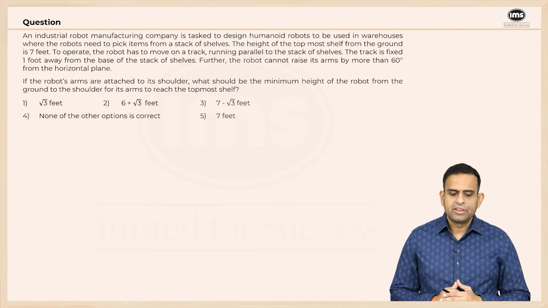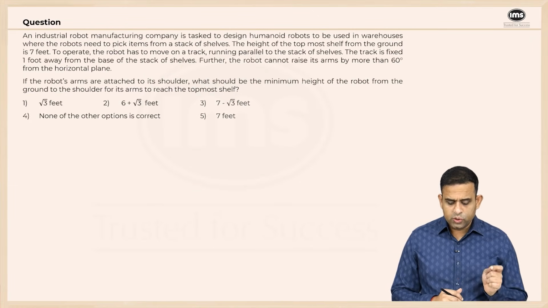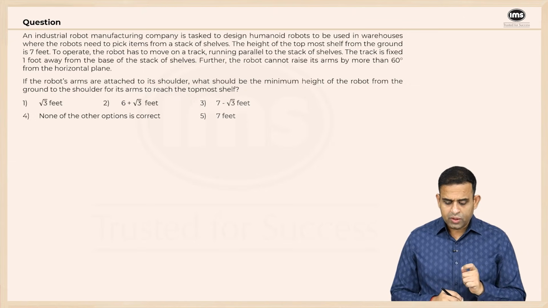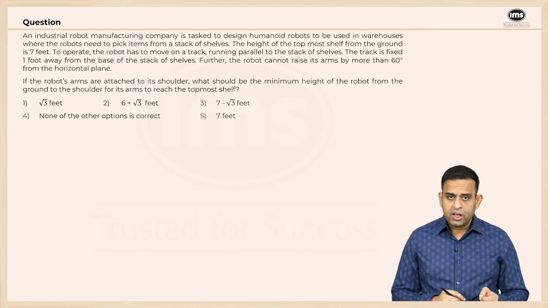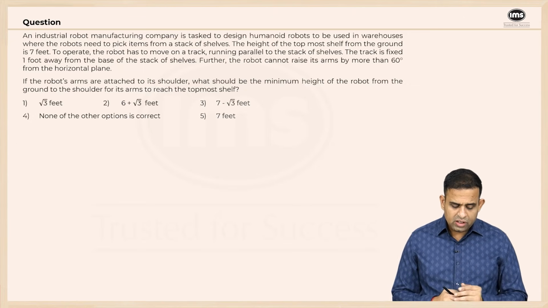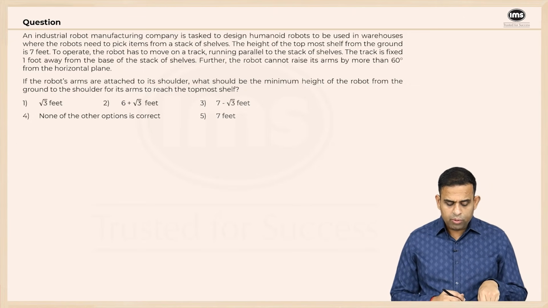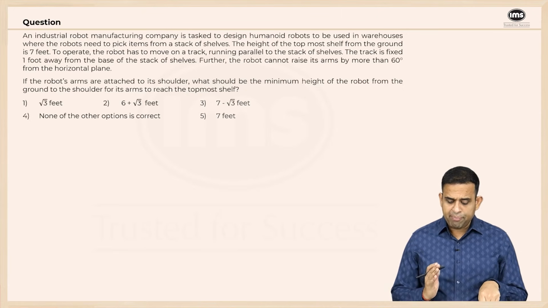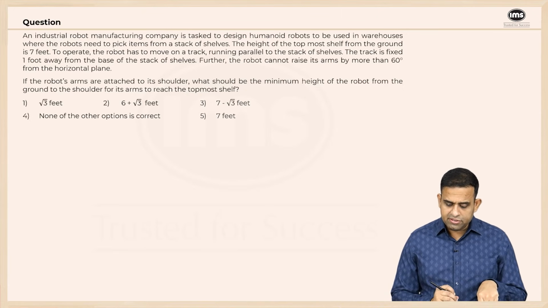In the next sum, it is given that an industrial robo manufacturing company is tasked to design humanoid robots to be used in warehouses, where the robo needs to pick items from a stack of cells. The height of the topmost cell from the ground happens to be 7 feet, a very, very important piece of information. To operate, the robo has to move on a track running parallel to the stack of the cells.